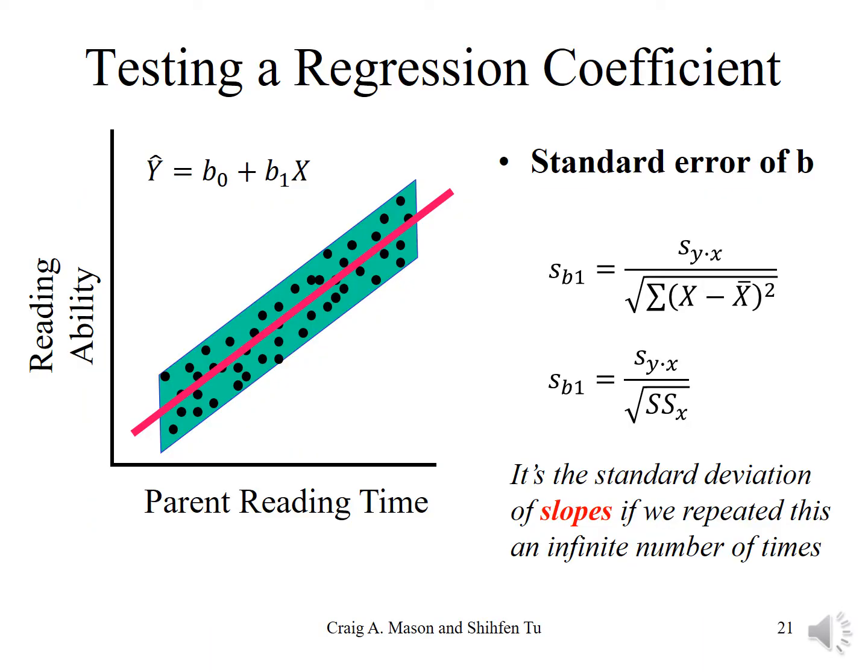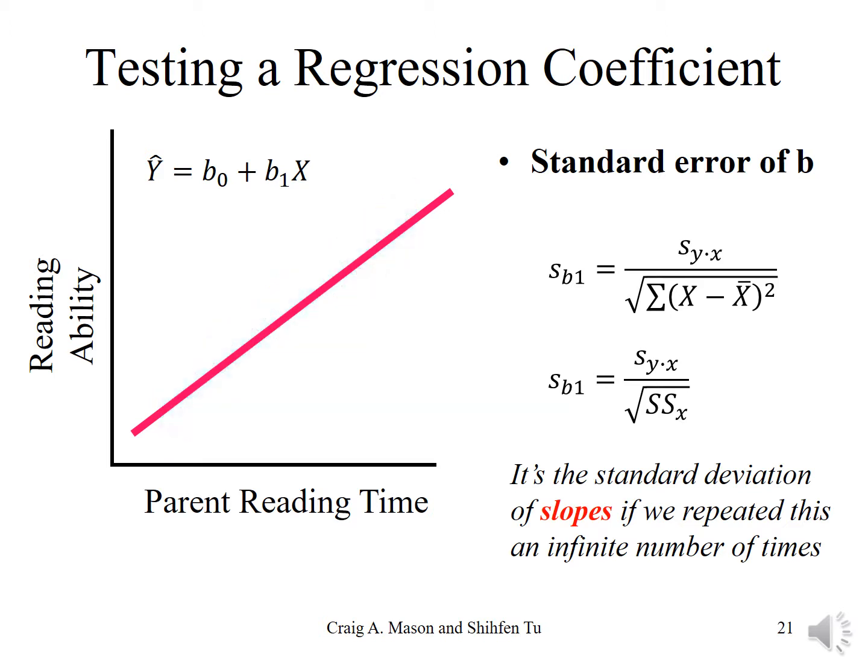To see how we use the standard error of b in null hypothesis testing, let's clear off all of the data points again and focus on the regression line. And let's add the horizontal line that we would see if the slope in the population was really equal to 0. In fact, we can think of this as our null hypothesis regression line or slope.